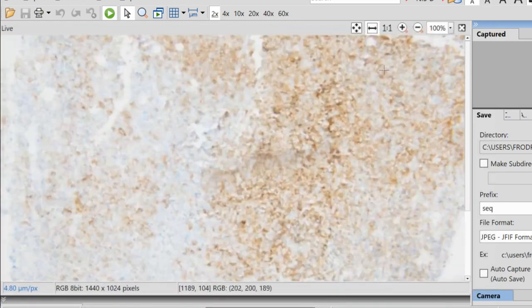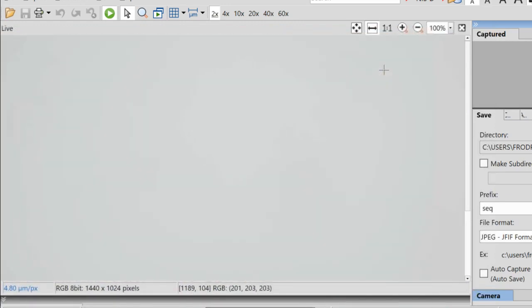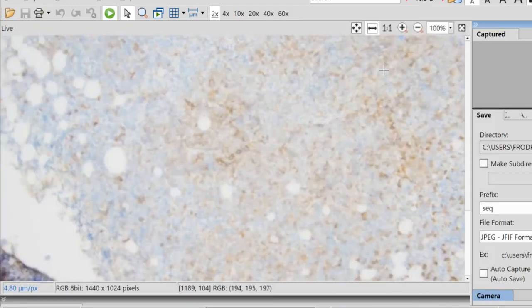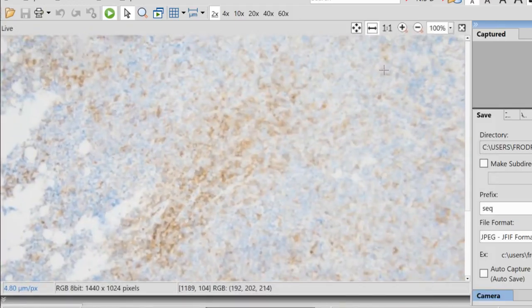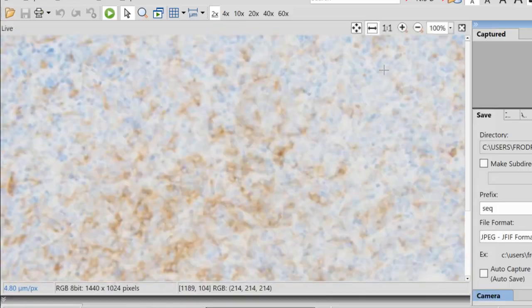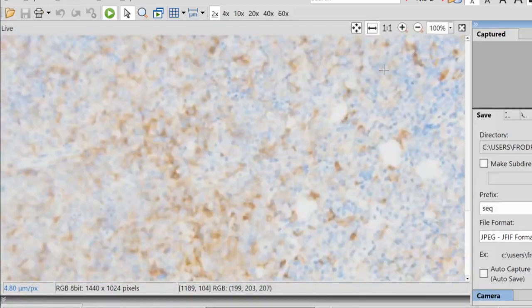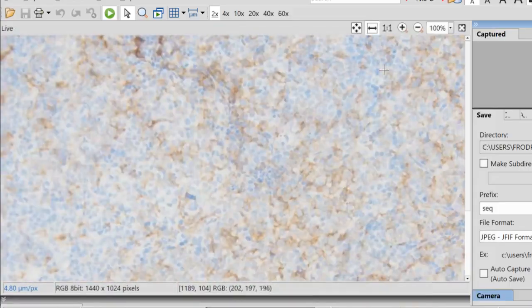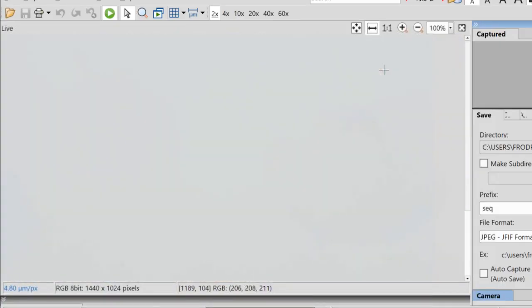We have KIT also expressed here. And there was also a small population of CD33, which was a little weaker, but positive. My myeloperoxidase was actually kind of weak.